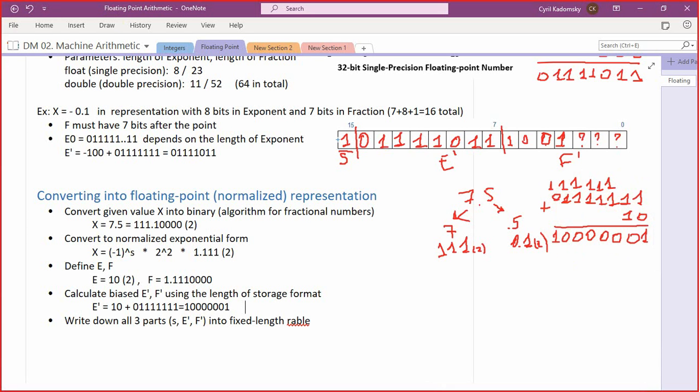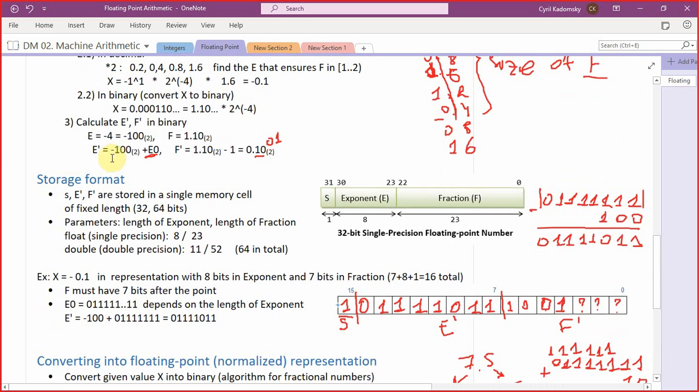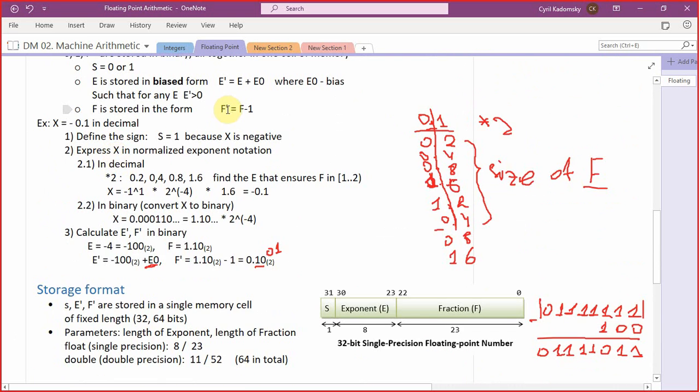And the biased fraction is easier. We just subtract 1. We just remove this first whole part. That is what subtracting 1 is for. 0, 1, 1, 1. Actually, if we return a bit, we said the biased fraction is the fraction minus 1.